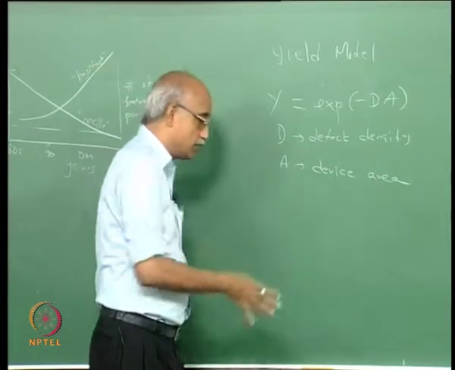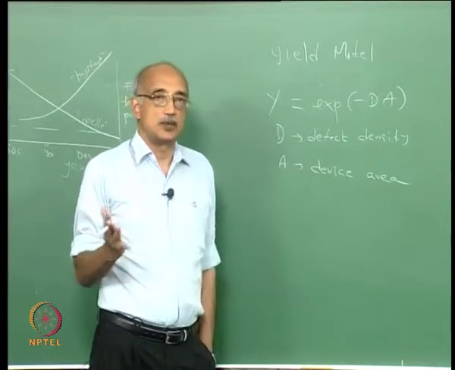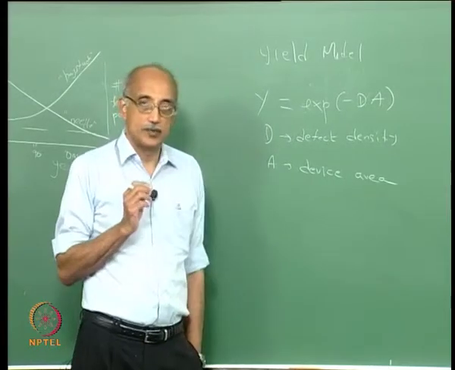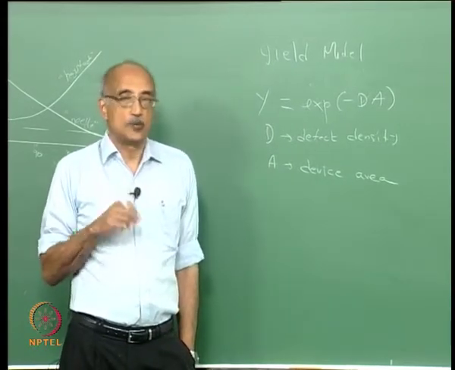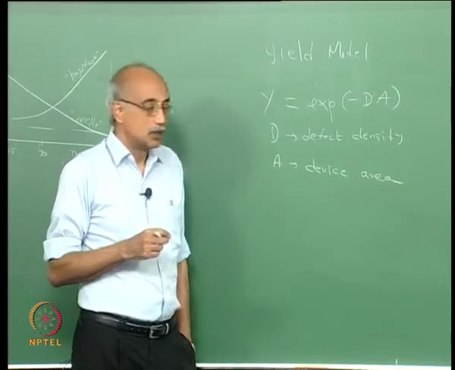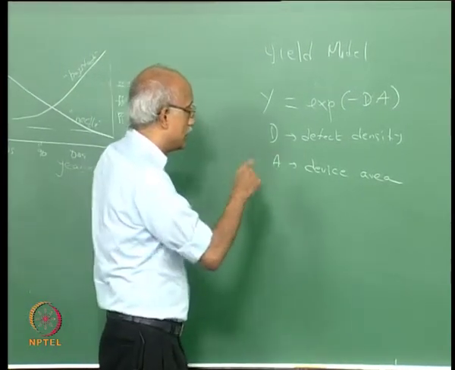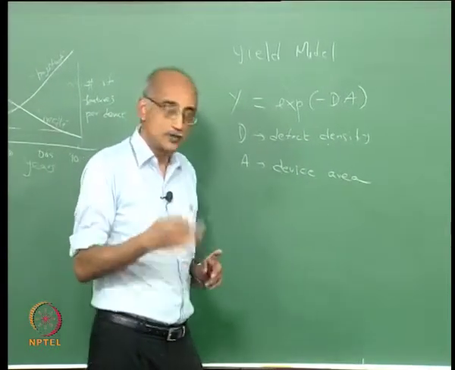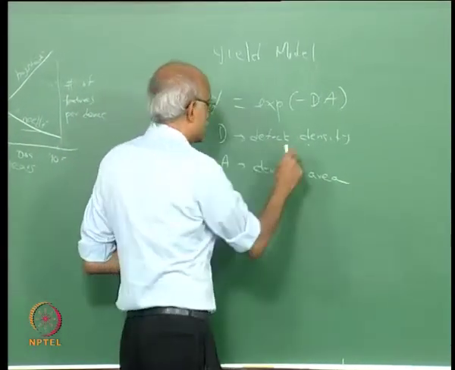Now, this is a general model that is applicable to virtually any process, particularly one where defects play a very sensitive role in promoting failure of the product. Now, as we have discussed earlier, the defect density can have other contributors as well, but one of the contributors is particles.